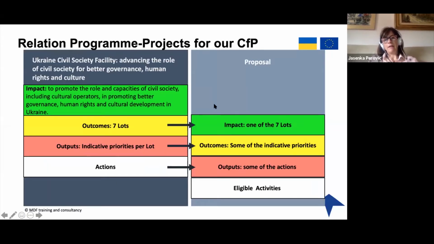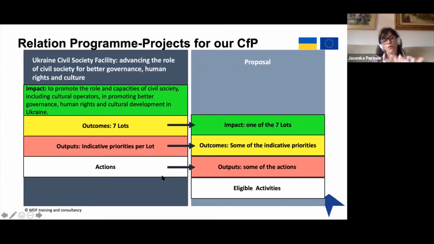Then for your proposal, your impact will be linked to the specific objectives or the outcomes of these 7 lots, so you choose one particular lot. Then the outcomes of your project will be the outputs listed in the call for proposal under each of the lots as indicative priorities, and the actions of the call will become your outputs.